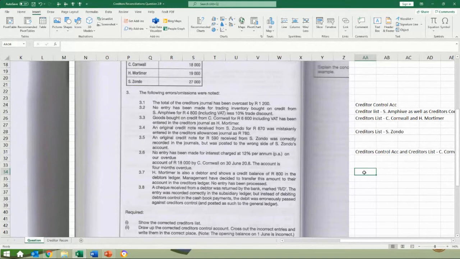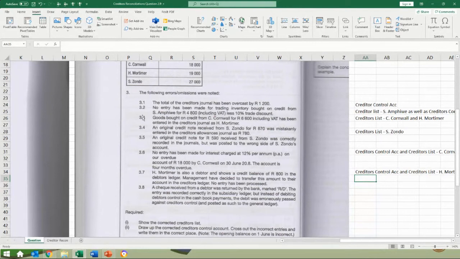So that would affect both your creditors control account, because you will take it out of the total there, as well as your creditors list, but it's only going to affect H. Mortimer's account.